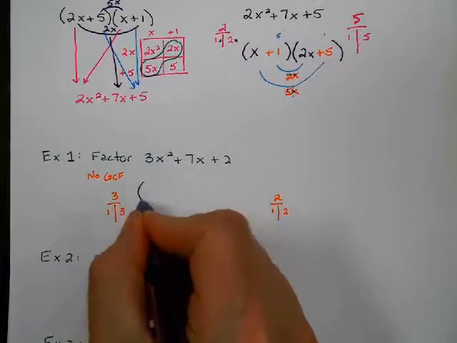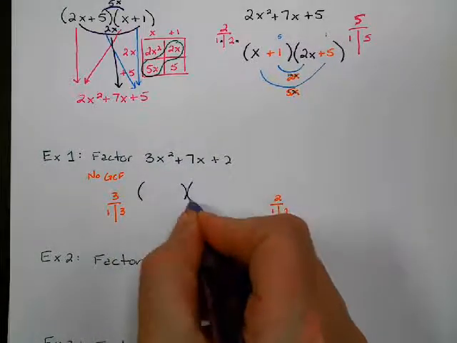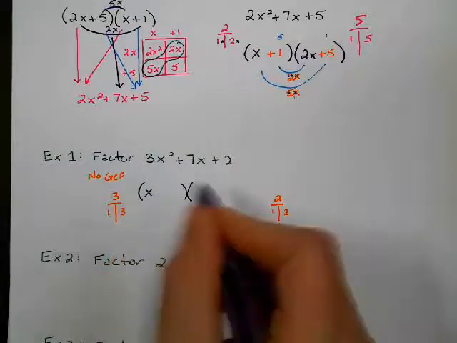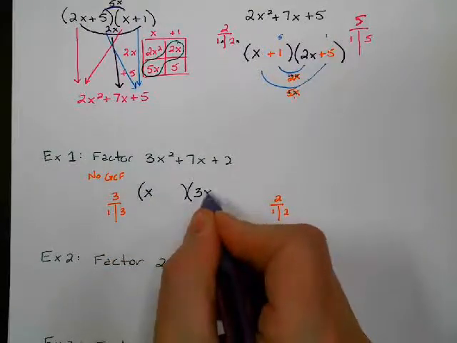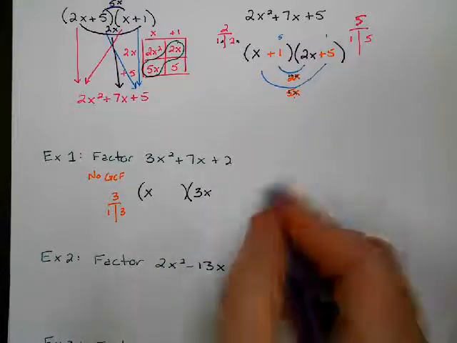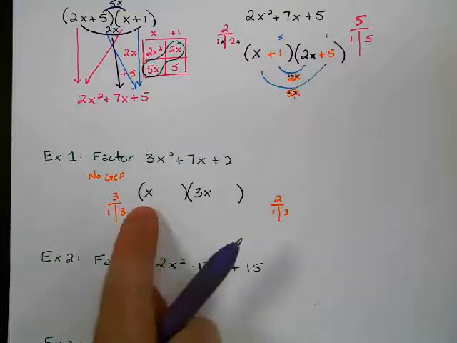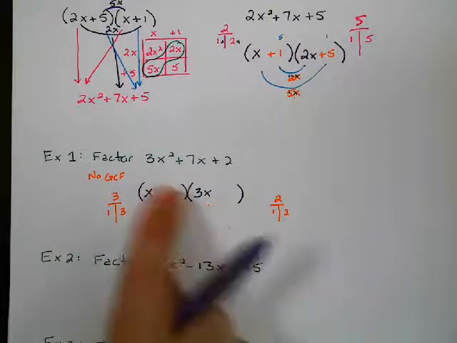In my 2 parentheses, I'm going to put, let's put the x here and the 3x there. Could I have done it the other way? Yeah, sure, why not? All right, so here's the x here, here's the 3x, that's where I'm getting the 3x squared.